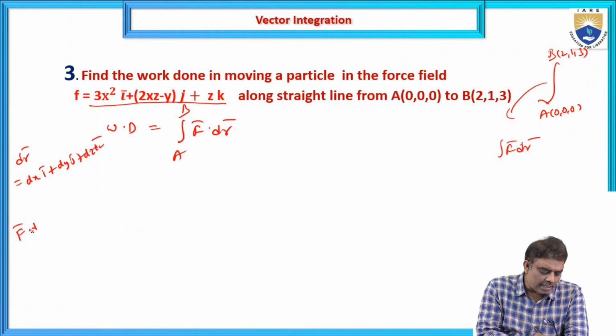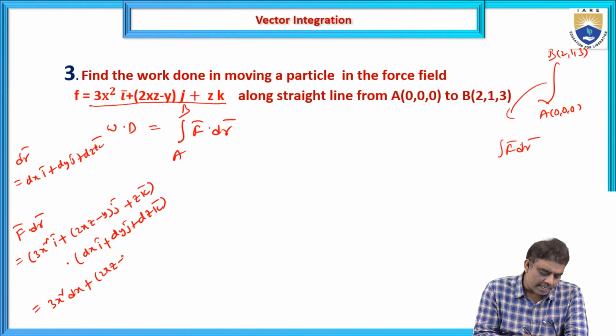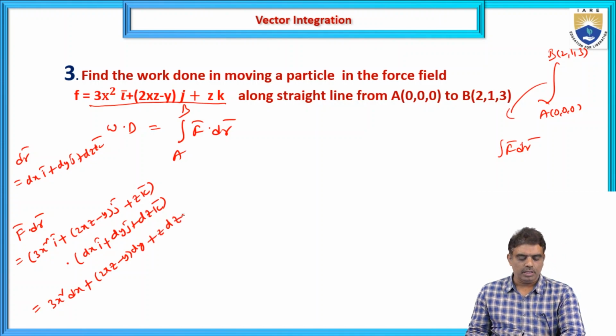Then F bar dot dr bar is 3x square i bar plus (2xz minus y) j bar plus z k bar, dot product with dx i bar plus dy j bar plus dz k bar. So on making the dot product, what you will get? 3x square dx plus (2xz minus y) dy plus z dz.